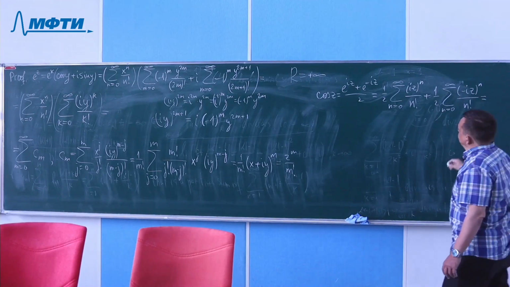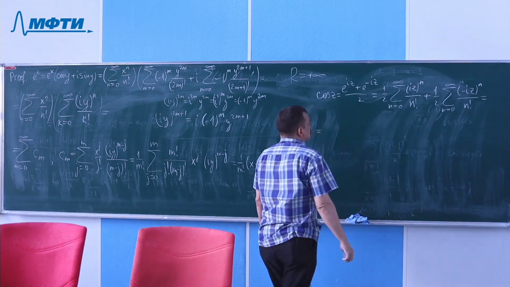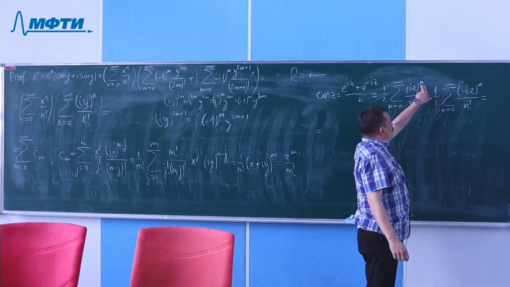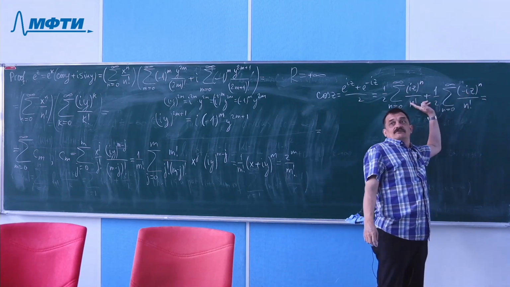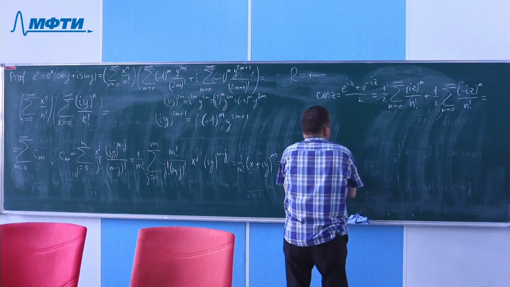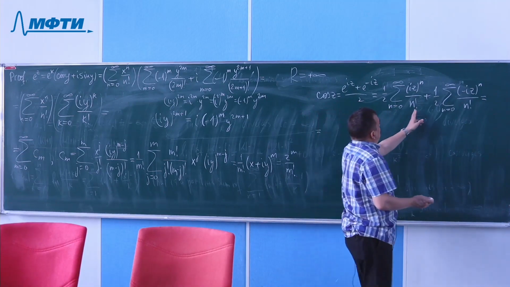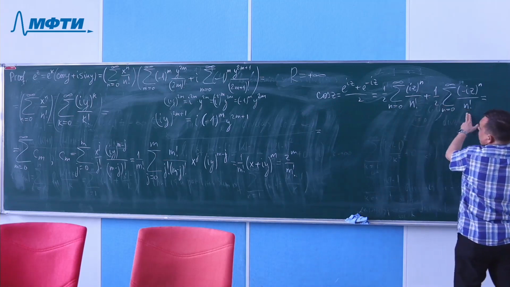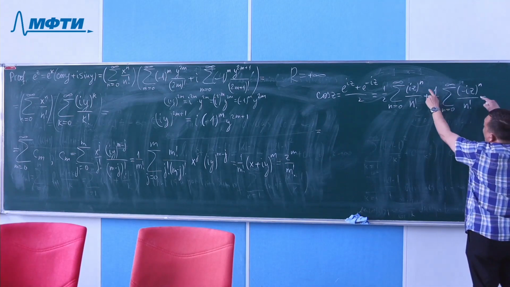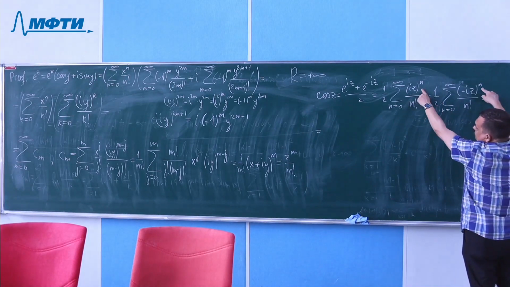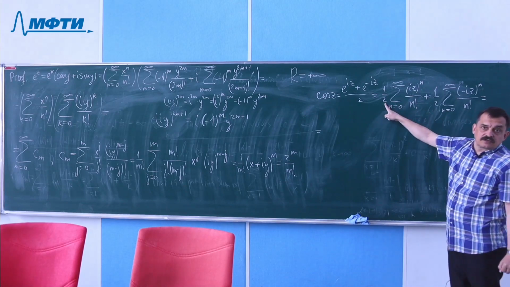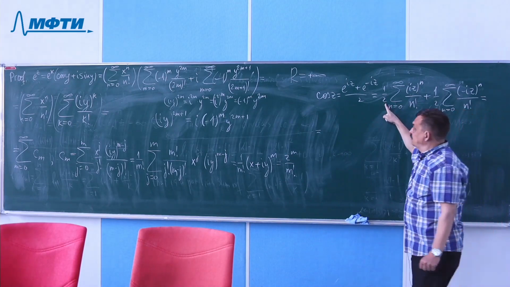And now look. Obviously, for odd n, those two terms will be cancelled, right? So what remains? Only even terms are preserved, and for n even both are equal, and it means we can cancel these 1/2.